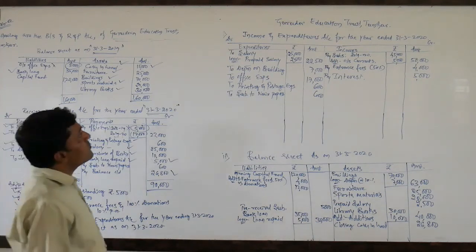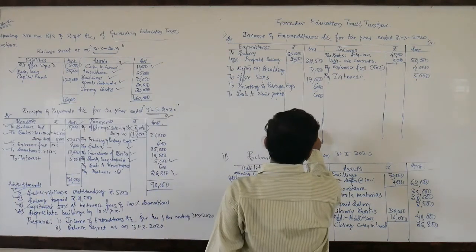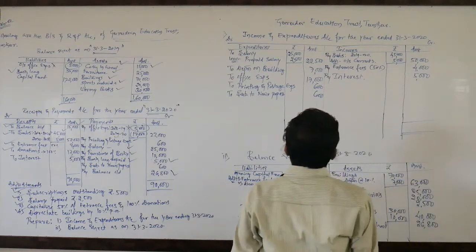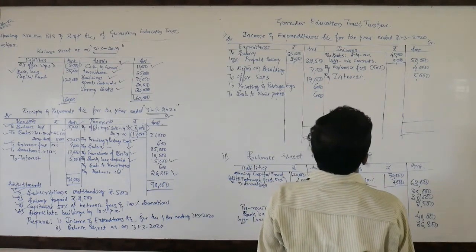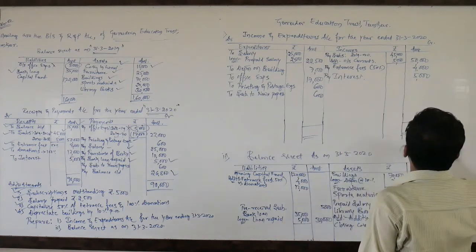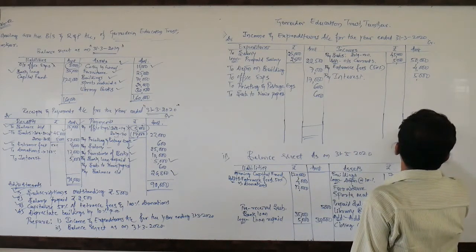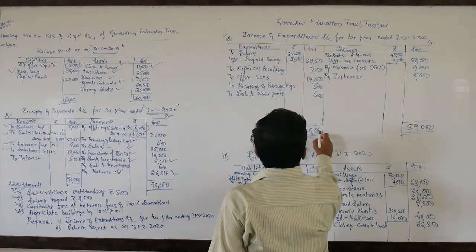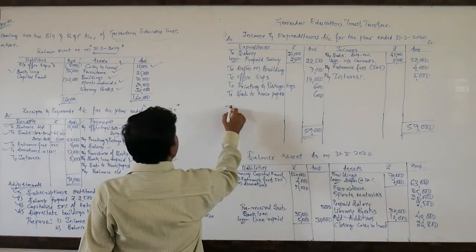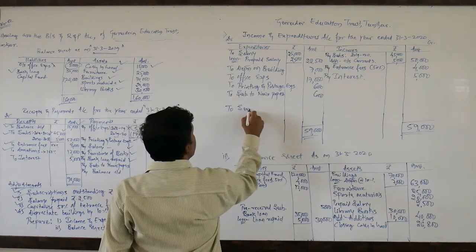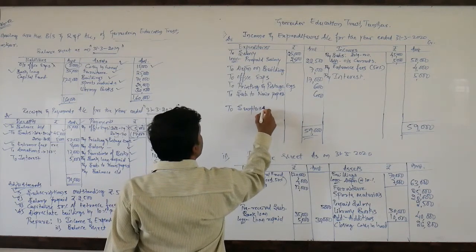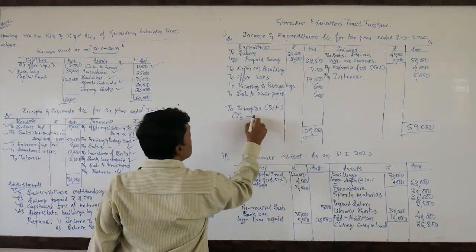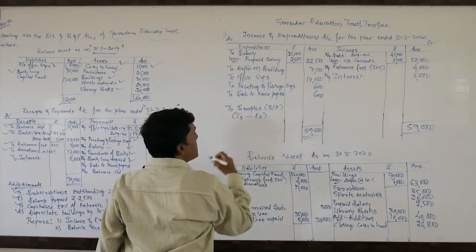Now I would like to close this income and expenditure account. Here I am very interested to know whether it is a deficit or surplus. By observing lightly, it looks like the credit side is more. The total of this credit side is rupees 59,000. What will be the difference? That is the surplus, the balance sheet figure, incomes minus expenditures.